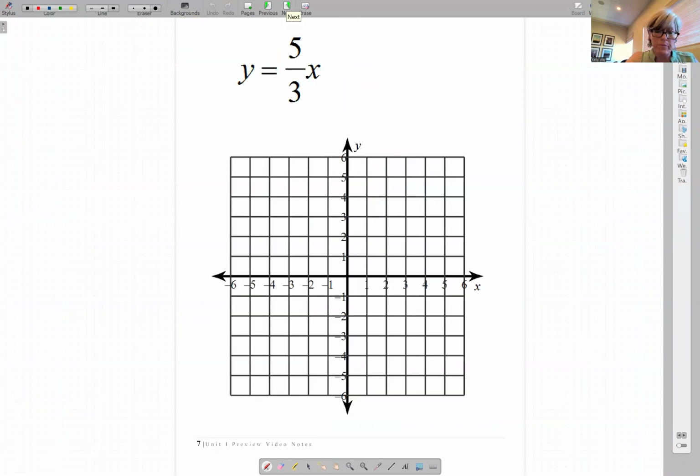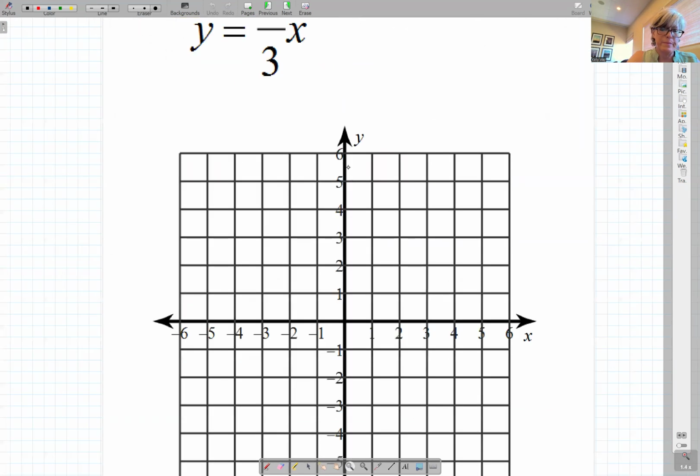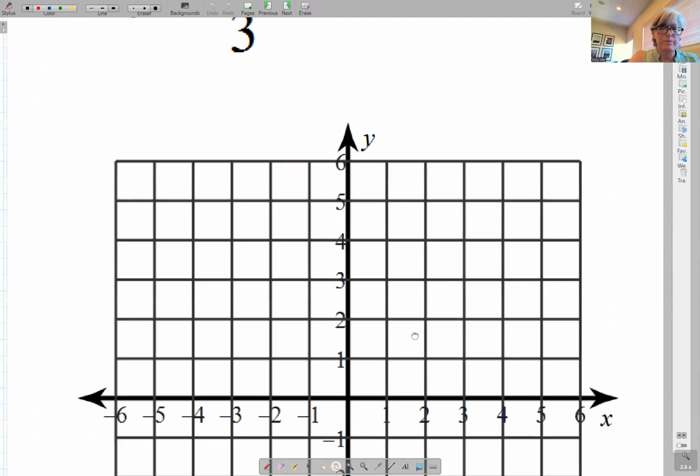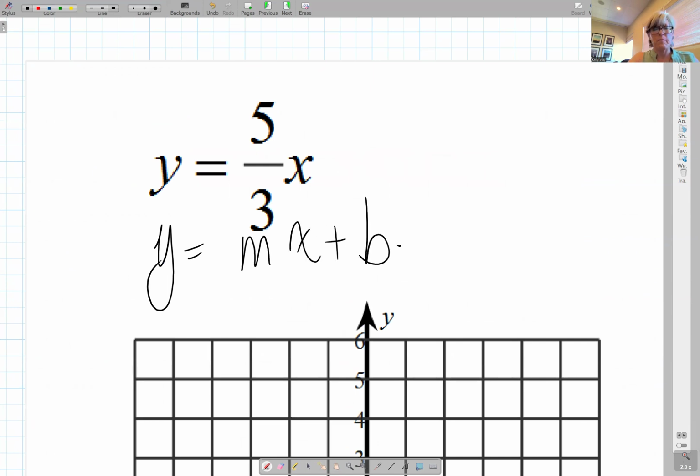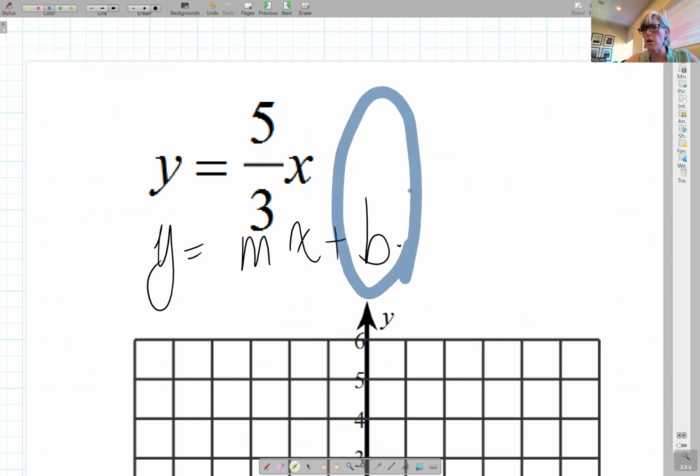Let's do another one. Start by writing your equation. You circle the b, you circle what's right above. You're like, whoop, there's nothing there.